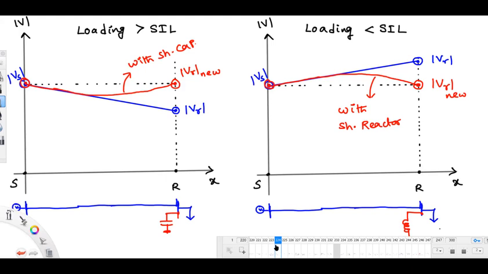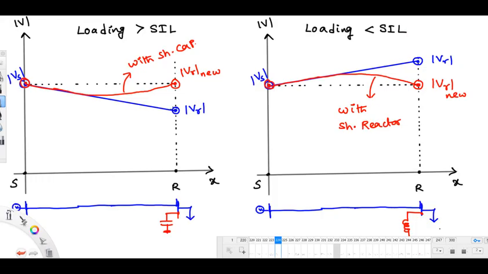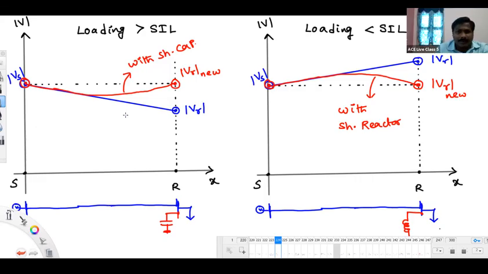Because I had a network issue at that time. See, actually, for the condition of loading greater than SIL, the receiving end voltage is less compared to the sending end voltage. You do have a decrement in the voltage from the sending end side to the receiving end side continuously. Is it linear? Not exactly linear. It will be a non-linear shape only, but for convenience I have shown this as a straight line.